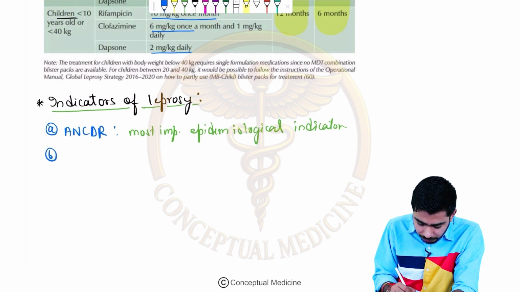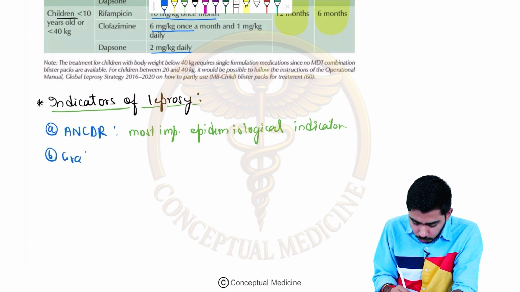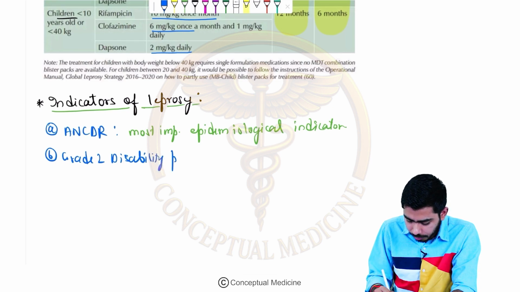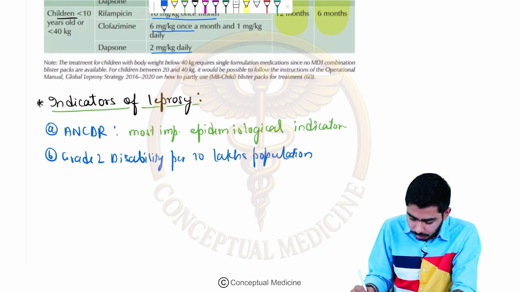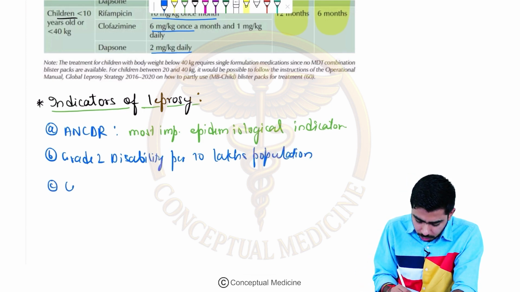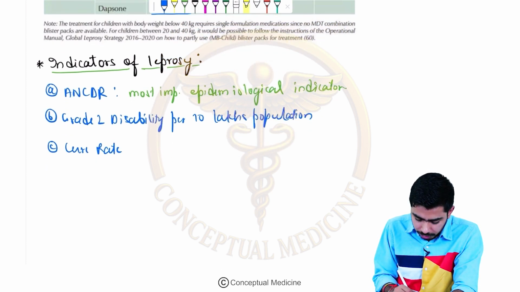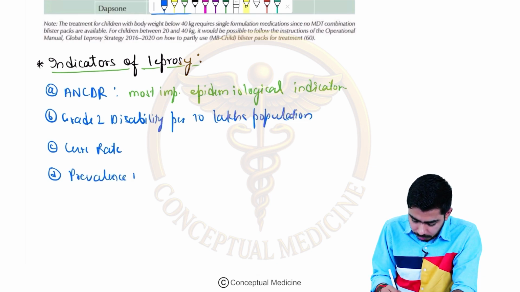The second one is grade 2 disability per 10 lakh population. The third indicator is the cure rate. And the fourth indicator is the prevalence rate.